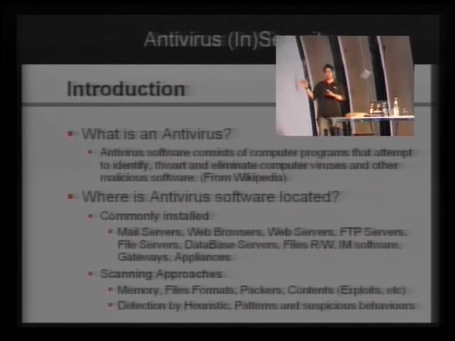Then we have the different kinds of engines, the ways the engines work. We have heuristics, which try to analyze and understand the files to figure out whether it is a malicious piece of software or not. Then we have the one that is the way all antiviruses used to work, which is by patterns. It has a signature file, and it tries to match: okay, this signature belongs to this.